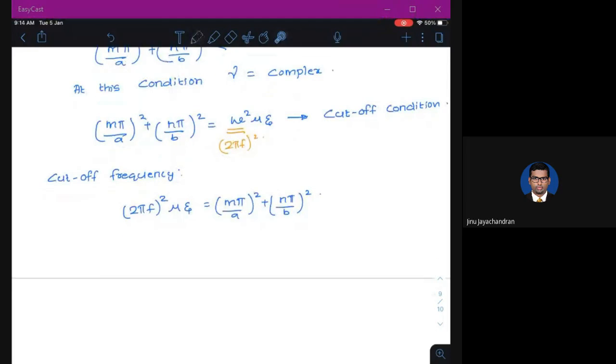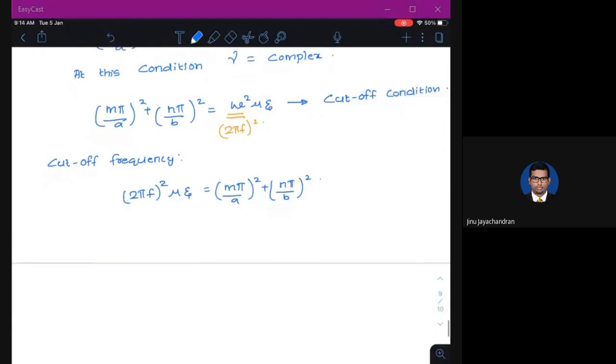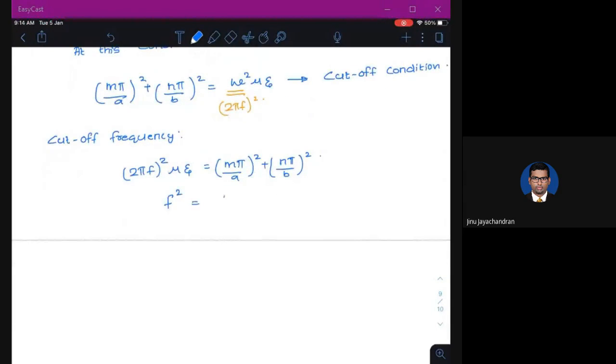Let's bring με to the right hand side, and you have 4π²f² here. So let's bring all to the left hand side. So f² is equal to 1/(4π²με) into (mπ/a)² + (nπ/b)².